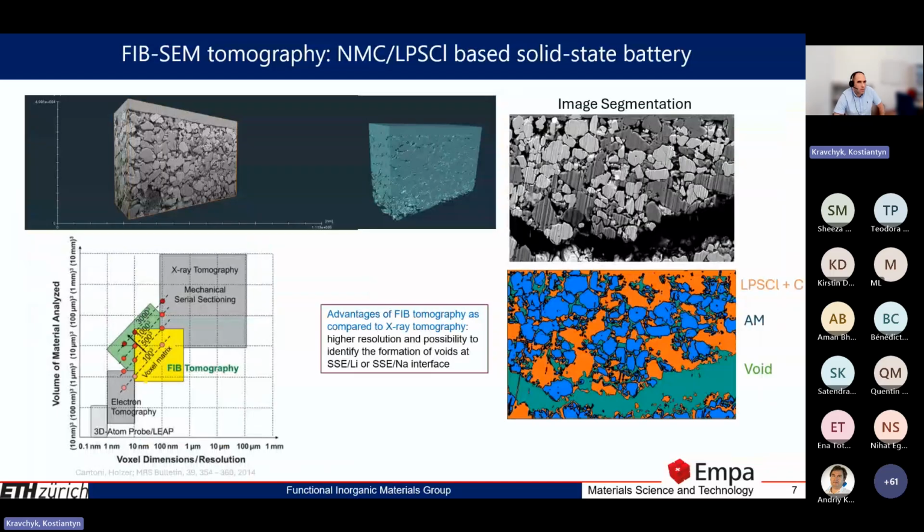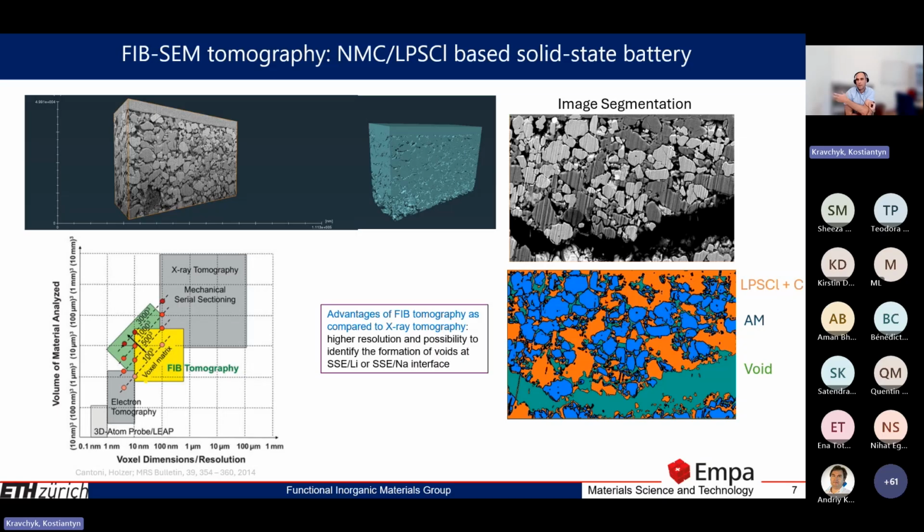In addition to this type of information, you can also get information about the particle size distribution and also percolation or the connectivity of the particles inside of your cathode, as well as presence of any voids.